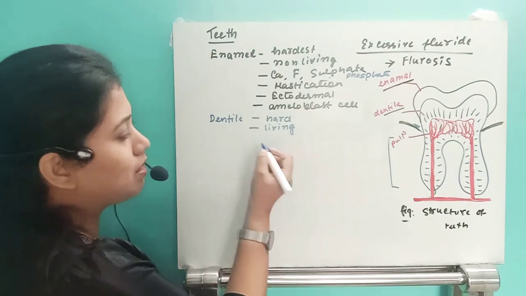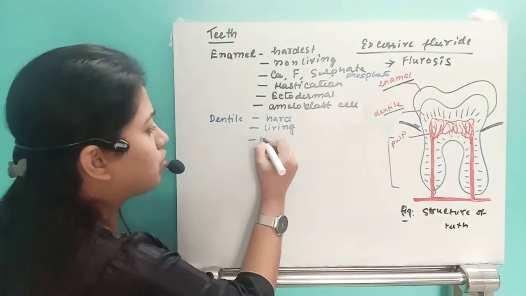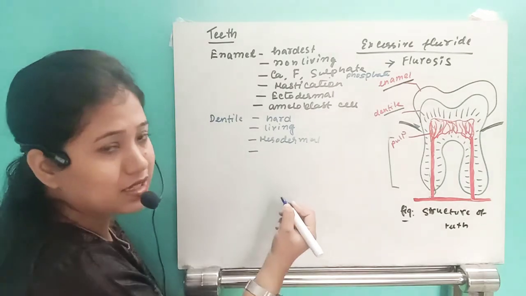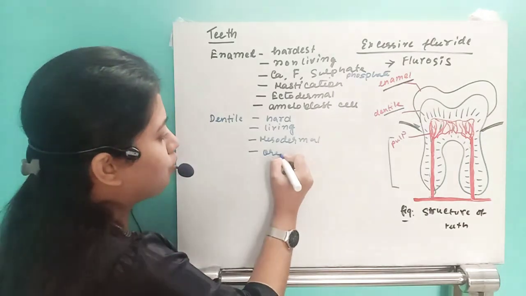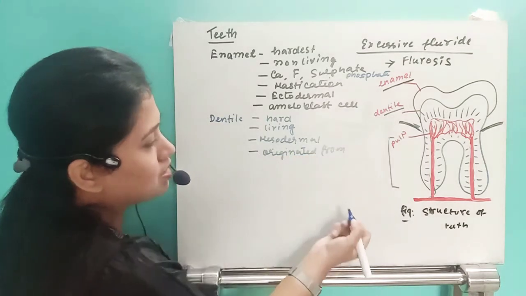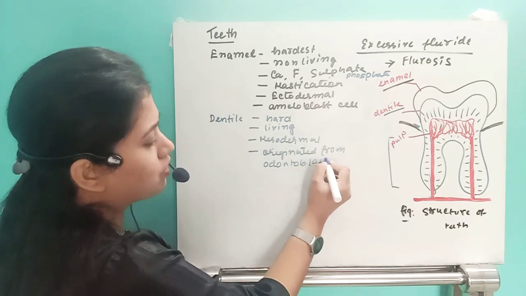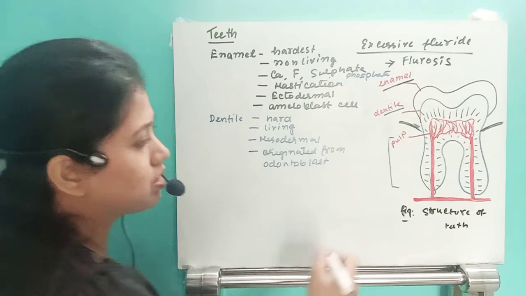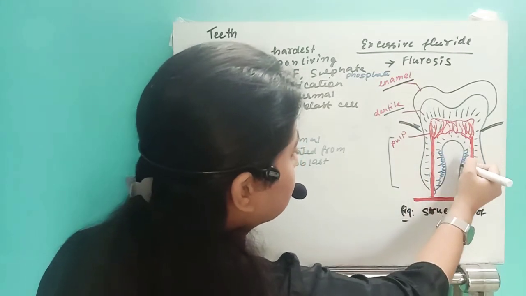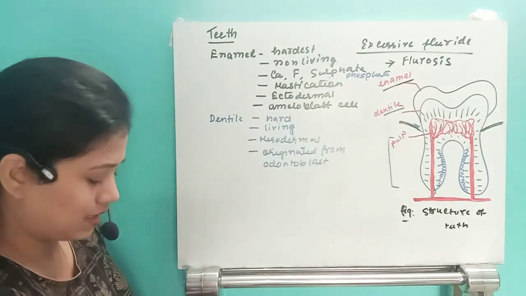This dentine region is mesodermal in origin, and it is developed from one cell, called the odontoblast. All these odontoblast cells, and even the ameloblast cells, are present in the pulp cavity towards the root region. So that is the dentine part.